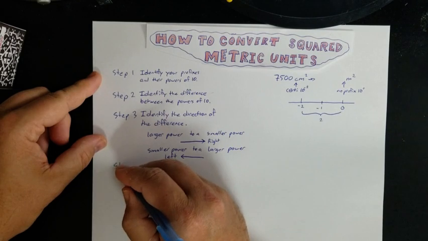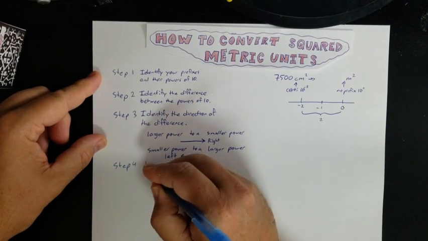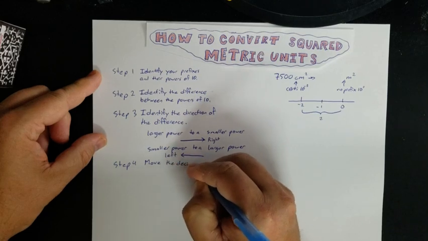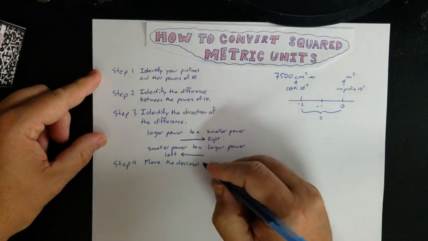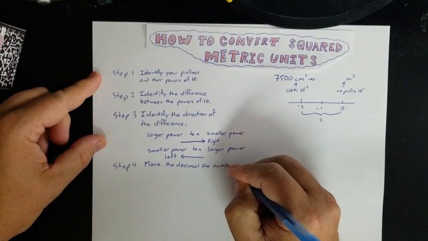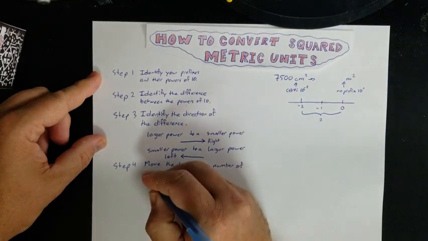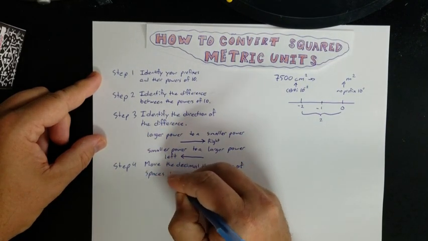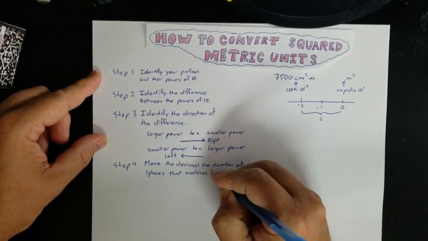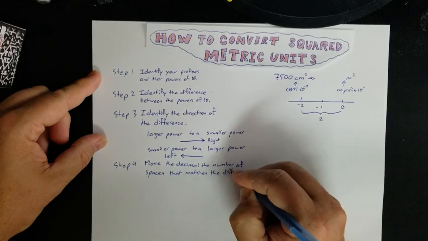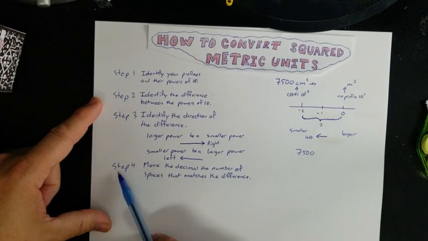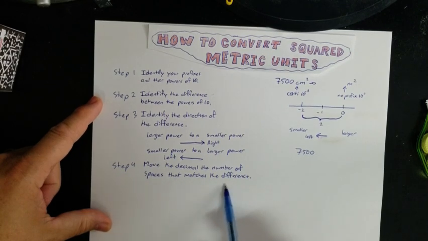All right, so now step 4 is you actually move the decimal. So move the decimal the number of spaces that matches the difference.